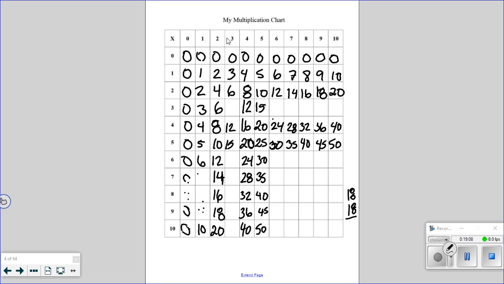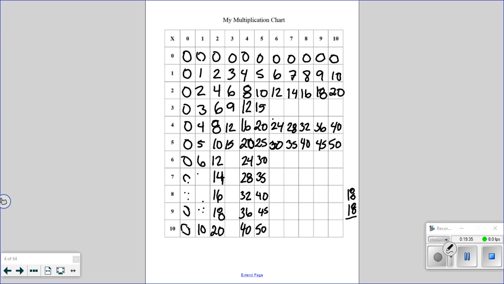So what's 3 groups of 3? If 2 groups of 3 is 6, what's 3 groups of 3? It's 9. We added 1 more group of 3.